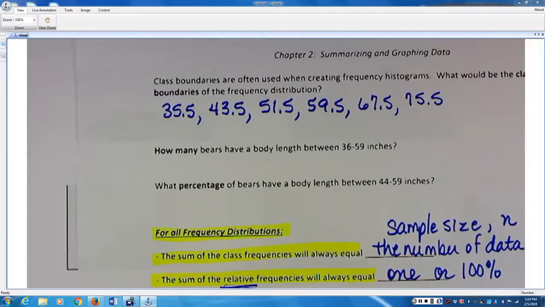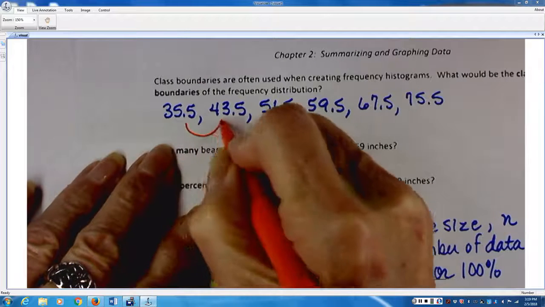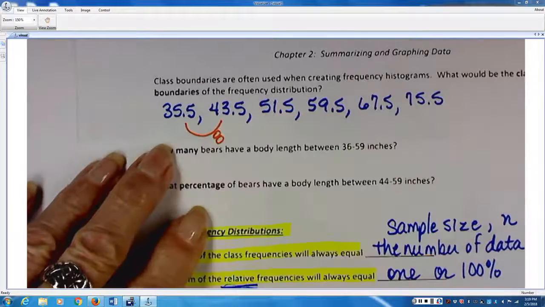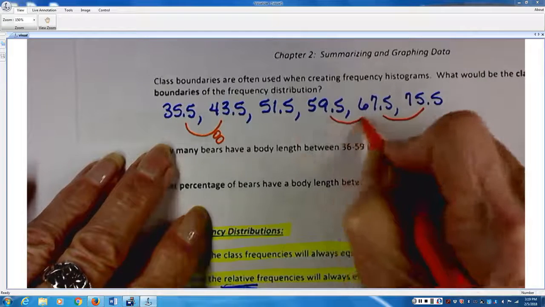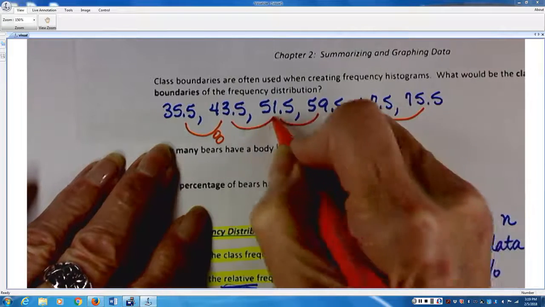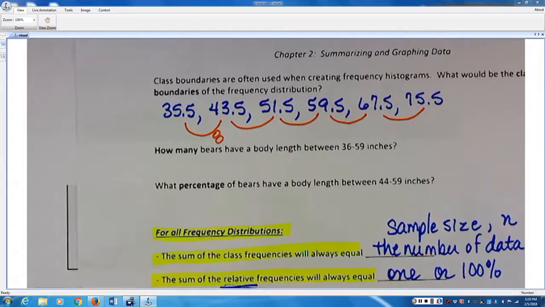And if you remember that our class width was 8, what you should also notice here is that this is 8 units apart, as is this, and this, and this, and this. They're all 8 units apart.